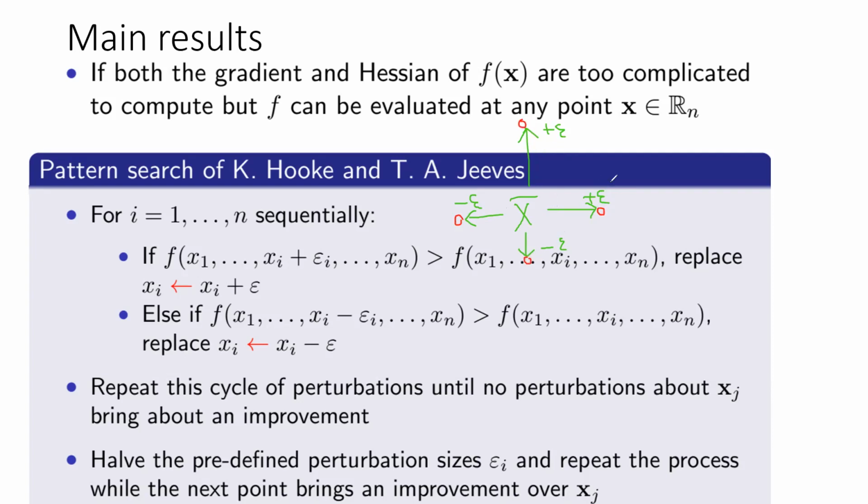Imagine we are looking for maximization of the function. Let's say that here I have the value 2, here I have the function values 4, 5, and minus 3. I select the maximum of them, which is 5, and I go in that direction. After that, I try the same approach.